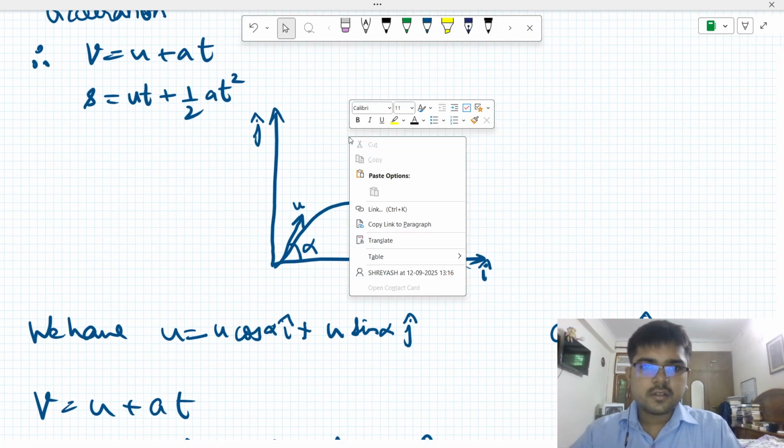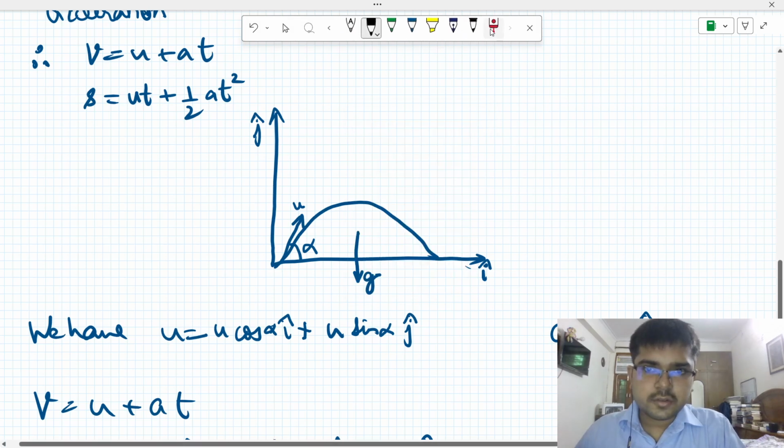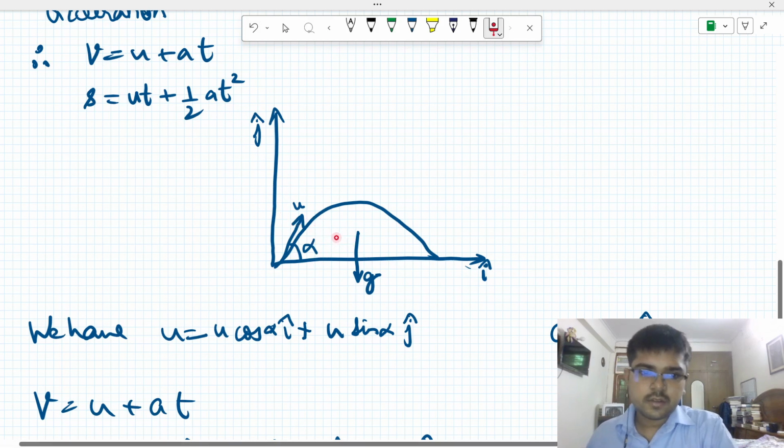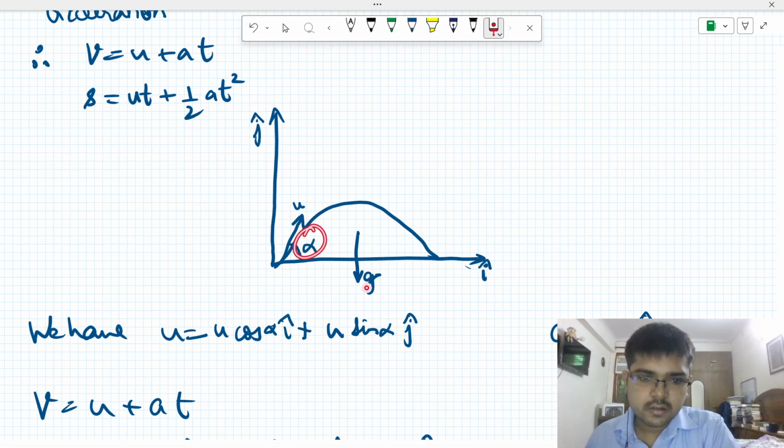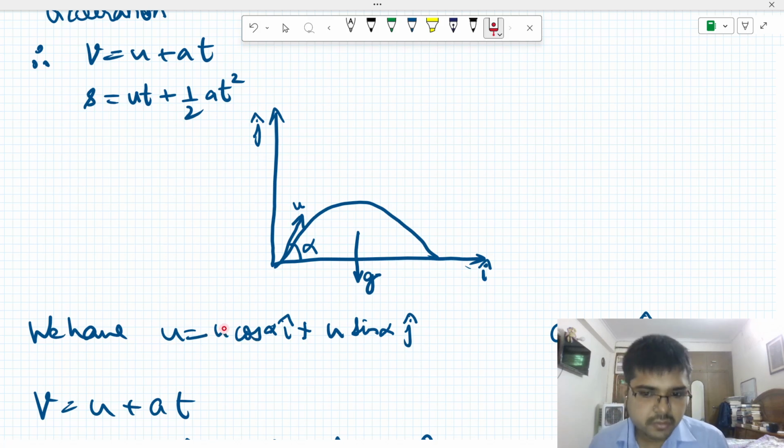This is shown here, and let me switch on the laser marker. So u is shown here. We have an angle alpha here and the acceleration due to gravity g here. So we have u equal to u cos alpha i cap plus u sin alpha j cap, and we can apply v equal to u plus at, where acceleration a is given as minus g j cap.